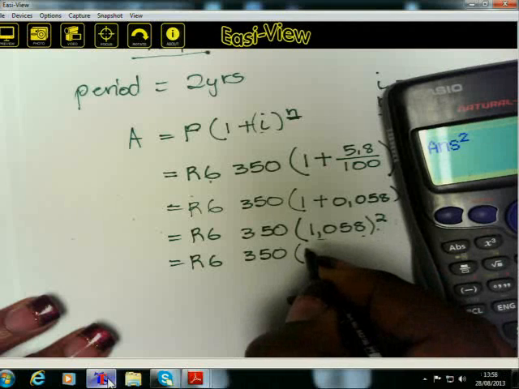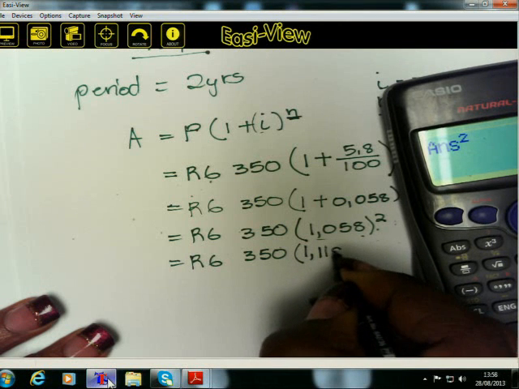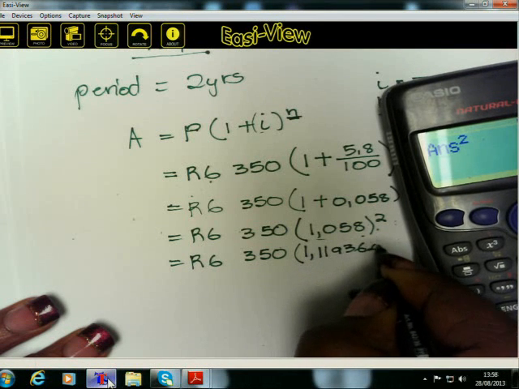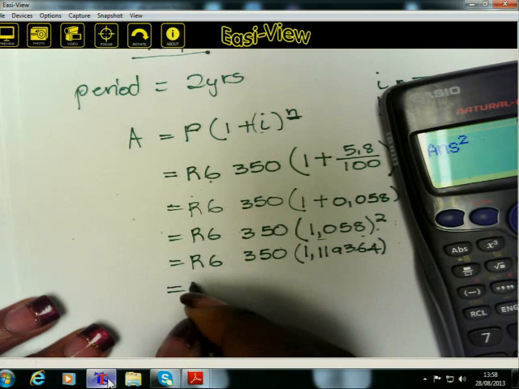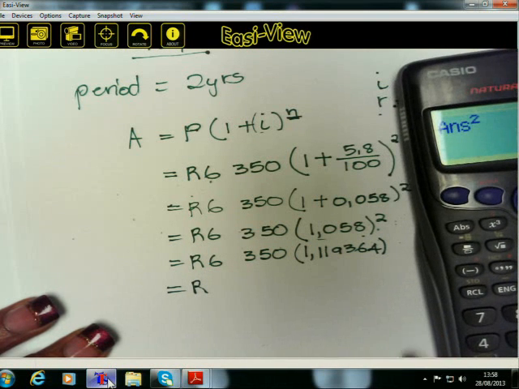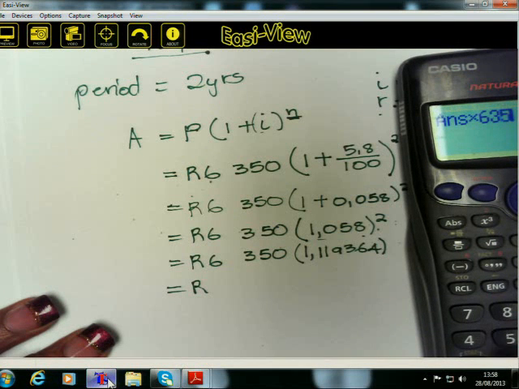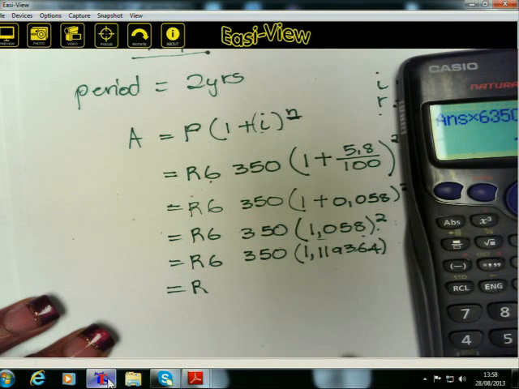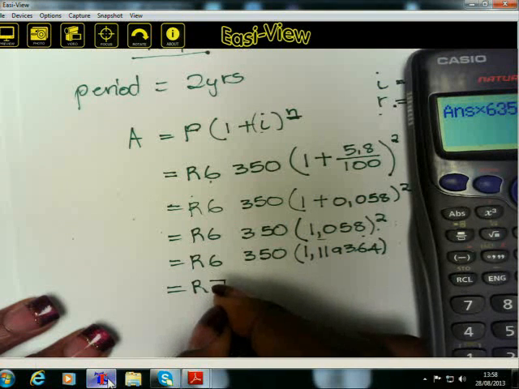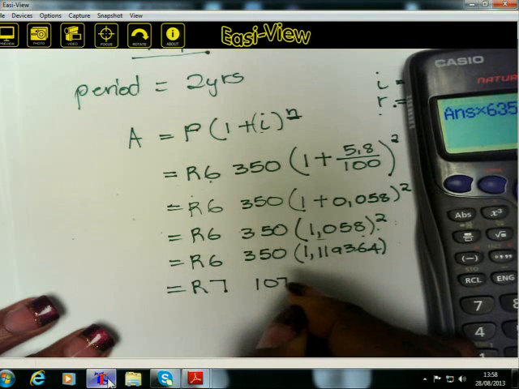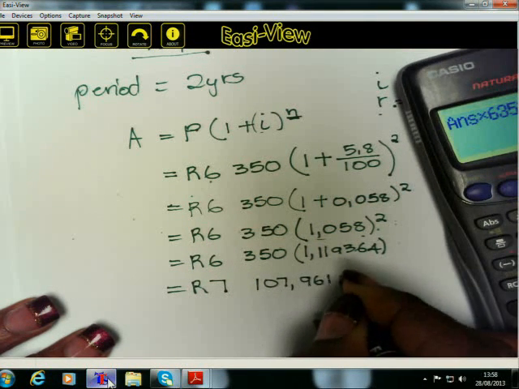So our answer gives us 1.119364. I hope you get the same. Now we will multiply that answer of ours with the 6,350. And our final answer is 7,107 rands, 96.14.